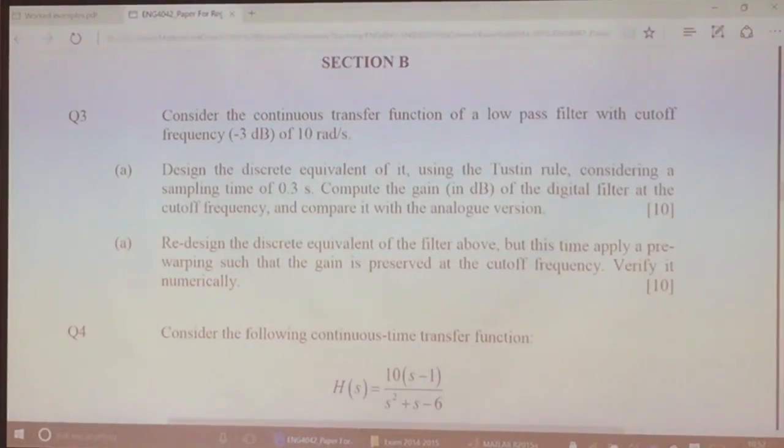We want to redesign it, but we want that in the discrete filter at 10 radians per second, we still have exactly minus 3 dB. That's the purpose of the filter. Then it says to verify it numerically. So first do the design, and then verify it numerically.